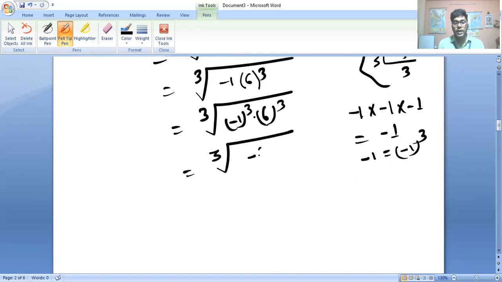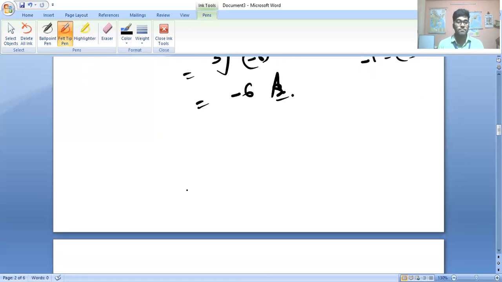Minus 1 into 6, so minus 6 whole cube. Understood? If minus comes, you will do like this, or simply you will put the minus inside the bracket. So here we have minus 6 whole cube. So the answer would be minus 6. Okay students, now let us do question number 11.